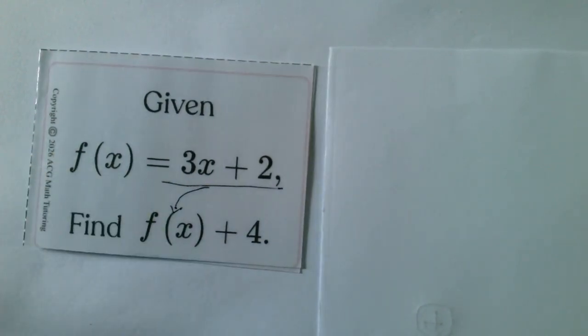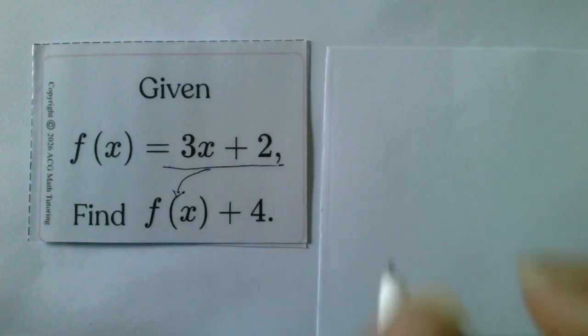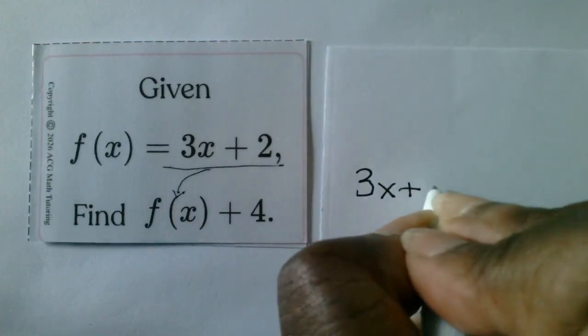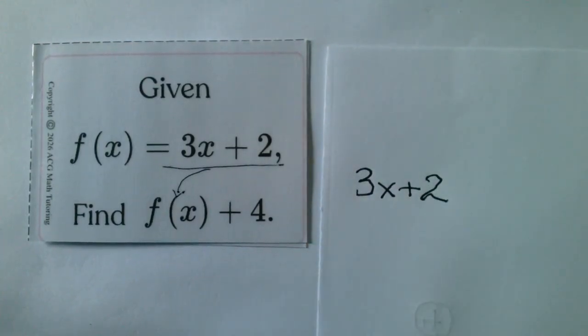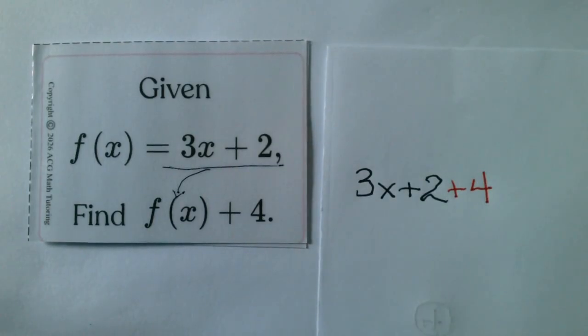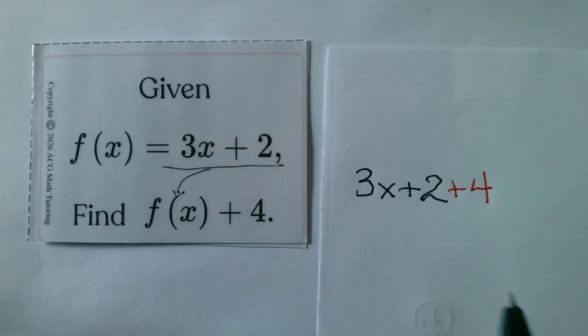It's not an equation, but it is an expression. So that means the f of x is coming out. What's replacing it is my 3x plus 2. Then I'm bringing down my plus 4. So that's taking the place of it. Now we're trying to combine our like terms.